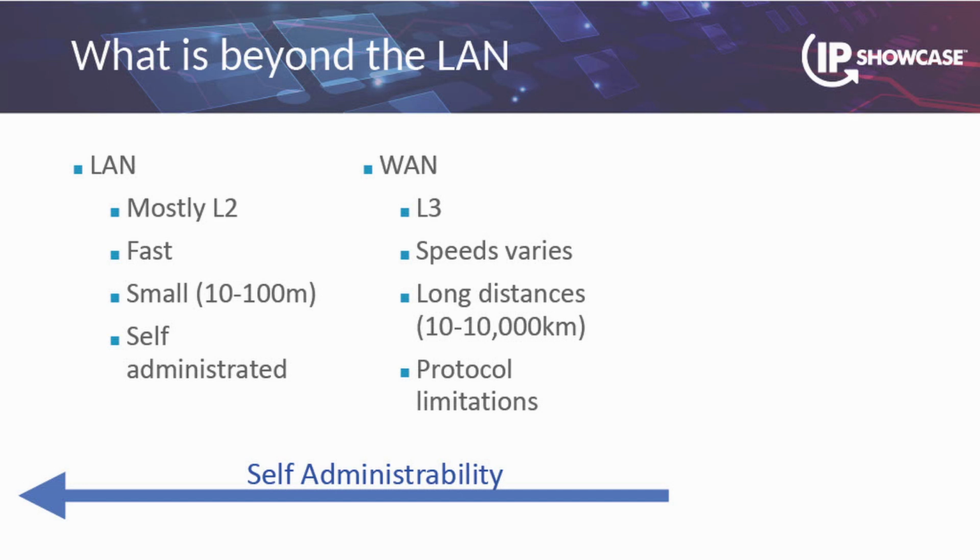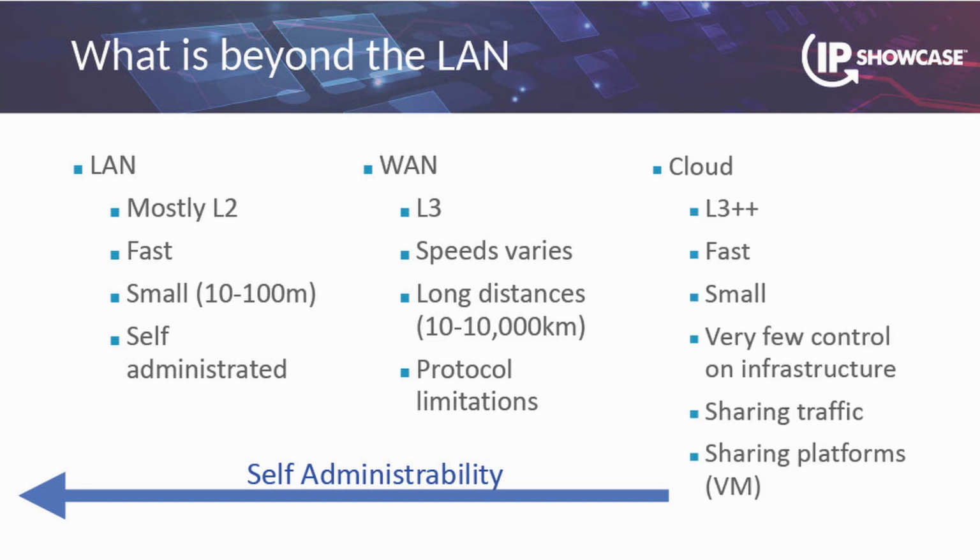You have protocol limitations because most likely you will share this connection, the line, with other customers and your line providers. Your WAN provider will give you limitations in what you can do on this connection, maybe even up to the fact that you cannot do multicast. And this is the case for the internet. Obviously, on the internet, you cannot do multicast. And then you have the cloud.